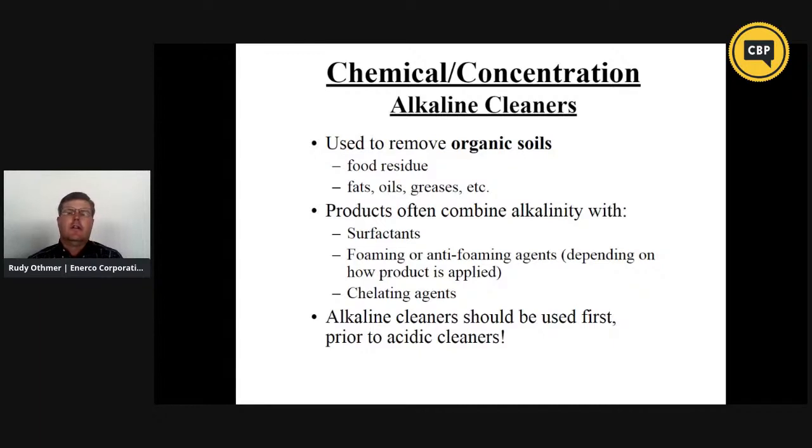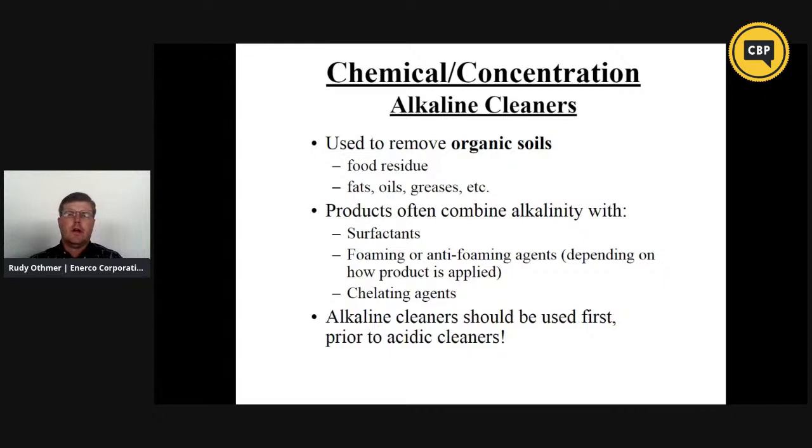So the surfactant in the chemical blend acts to help the working ingredient, the sodium hydroxide or potassium hydroxide, in contacting the soil. Depending on our action, if we are trying to make foam, there may be a foam additive in the cleaner. If we're trying to CIP and reduce foam, there's probably going to be some anti-foam agents added into the cleaner.